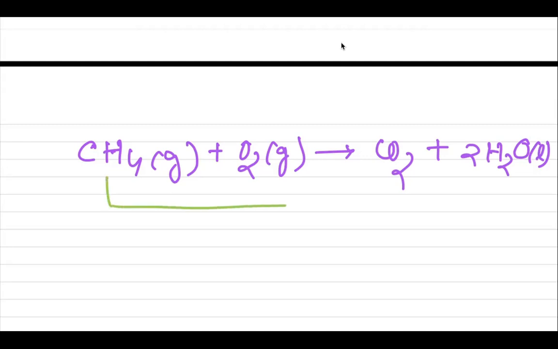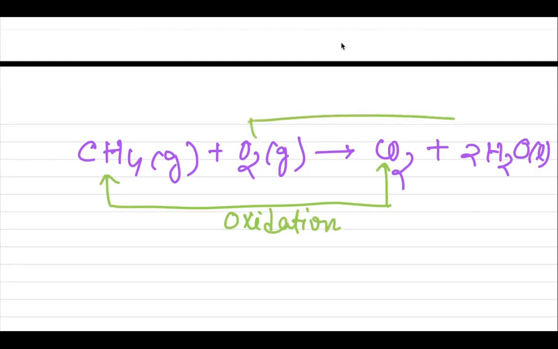See, from methane to carbon dioxide, oxygen is added, hydrogen is removed, right? So this reaction will be oxidation, addition of oxygen. And from oxygen to water, it will be reduction. Yes or no, boys?